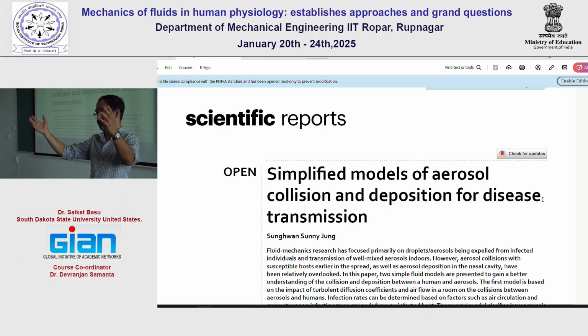Yeah, so that's the room level modeling. Like what kind of transmission an infected host might be carrying out with the others. And then, let's imagine that I am infected, so I am giving out pathogens, and now Dr. Shamanto is getting exposed, and he is inhaling all these pathogens, and what is the generic trend of the particle transport inside the air? So that's where he went next.